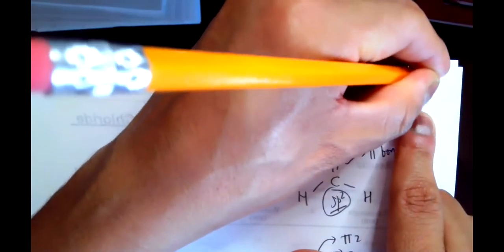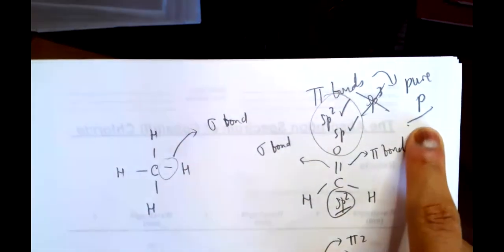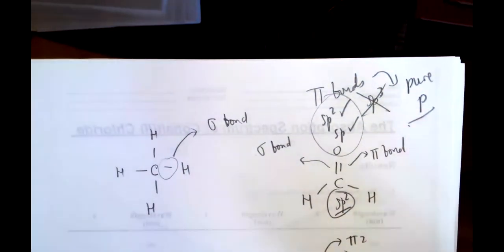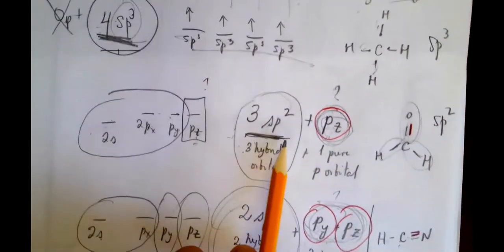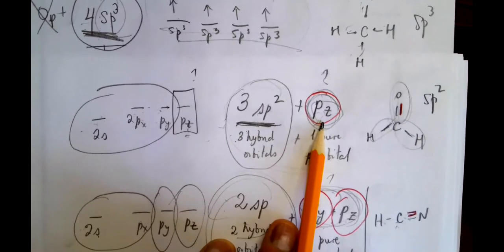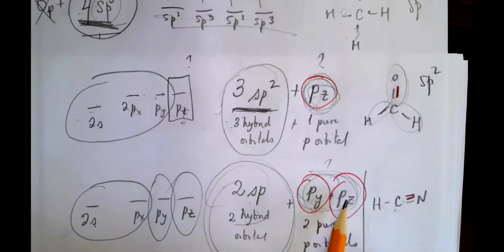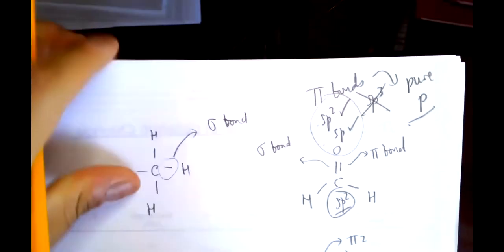Why? Because to form pi bonds, you need pure p orbitals. Who allows you to have pure p orbitals? Well, sp2 has one pure p orbital, and sp has two pure p orbitals. So in the case of pure p's, I will have sp2 and sp hybridization.